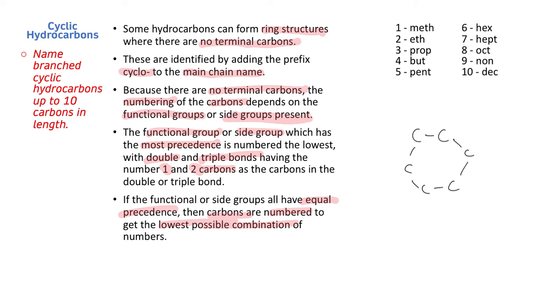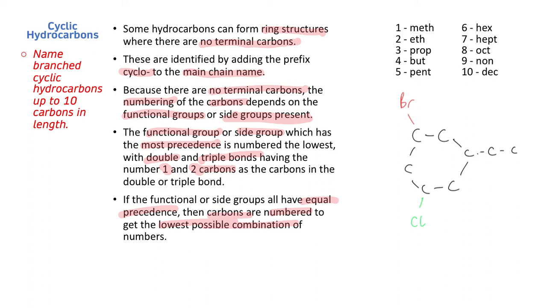Let's put in a couple of other things: a bromine here, a chlorine here, and an ethyl group here. Which one gets highest precedence? It's going to be the bromine and the chlorine, as they are halides. When you number them, you've got to make sure that they have the lowest possible combination of numbers.